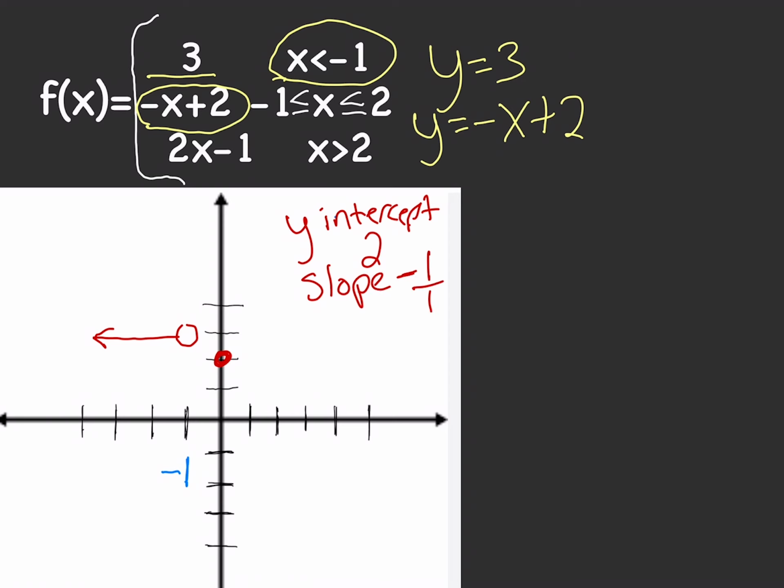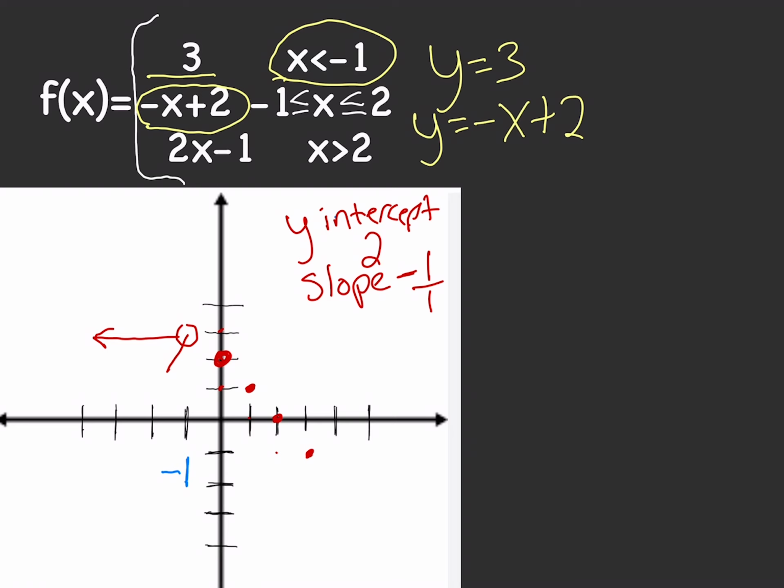And again, I'm graphing these and I'm erasing. This is the basic technique that you do when you start. So graphing that in there, this line is going to go from 2 for the y-intercept, down 1, right 1, down 1, right 1. And then you might want to backtrack a little bit from the original that I did and go up 1, left 1, because it's the same thing.